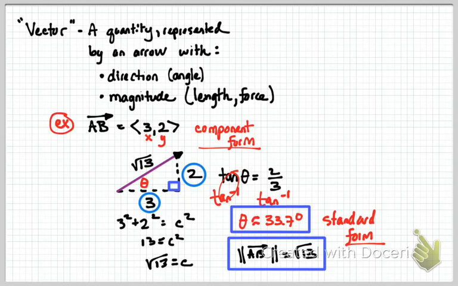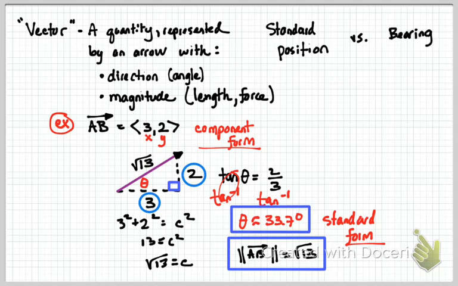We've got to talk about one other thing we haven't mentioned yet. Standard position versus what we call our bearing position, or we can think of this in terms of navigation. Navigation, and then this is the unit circle.